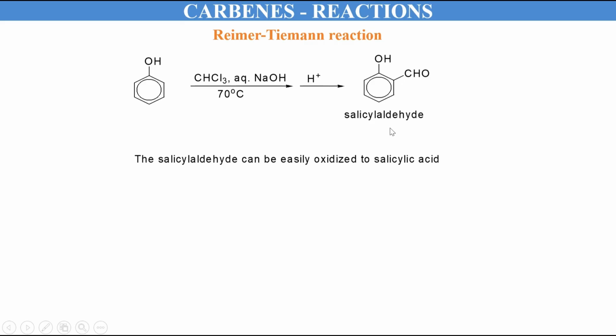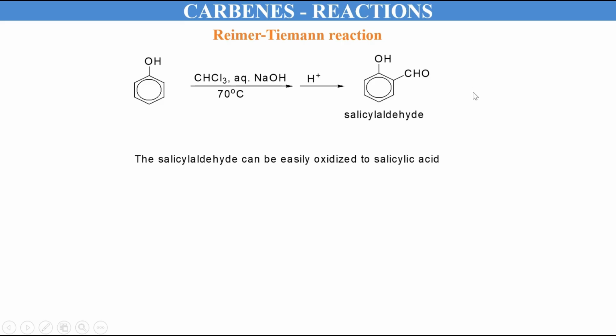I'll get the corresponding ortho-hydroxyaldehyde, that is salicylaldehyde. Conversion of phenol to salicylaldehyde by treating with chloroform and aqueous base is called the Reimer-Tiemann reaction.